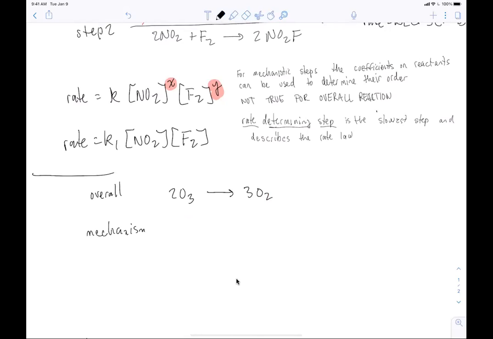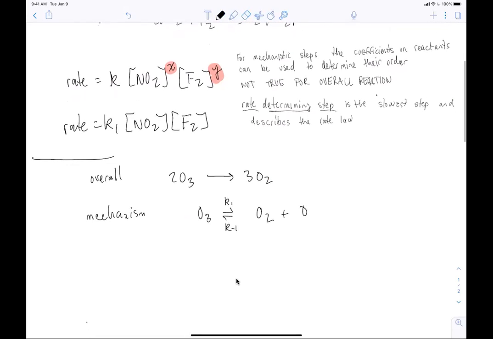The mechanism for this looks like this. So step one is ozone breaks down into oxygen, or O2, plus this other oxygen atom that's just sort of by its lonesome.